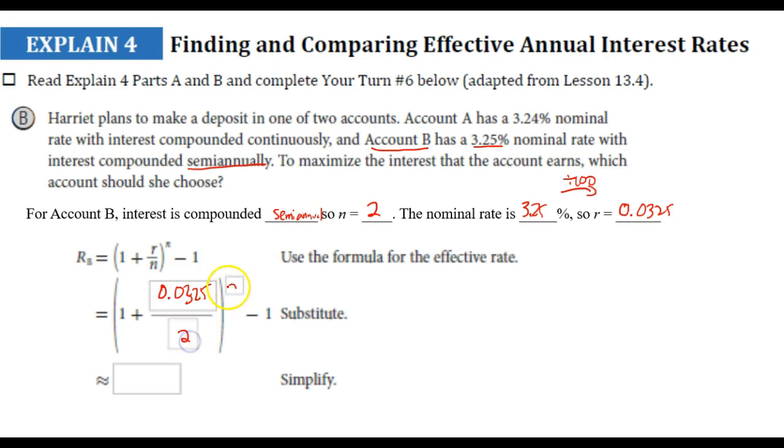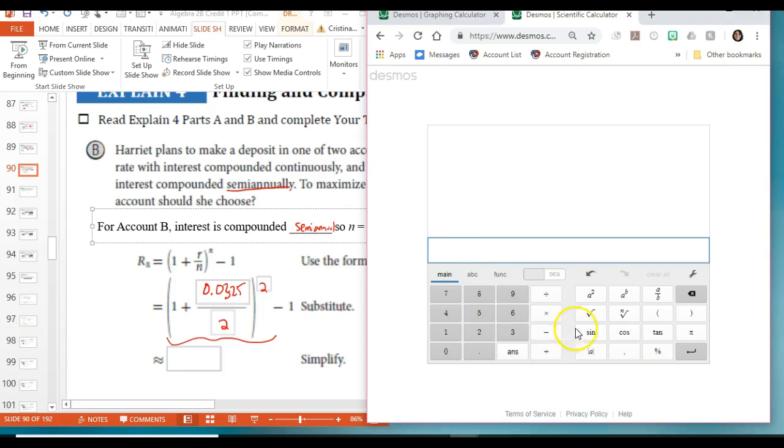So let's put in our r value and our n value and use our Desmos calculator for account B. Parentheses 1 plus fraction 0.0325 over 2, close that parentheses, raise it to the second power, and subtract 1.